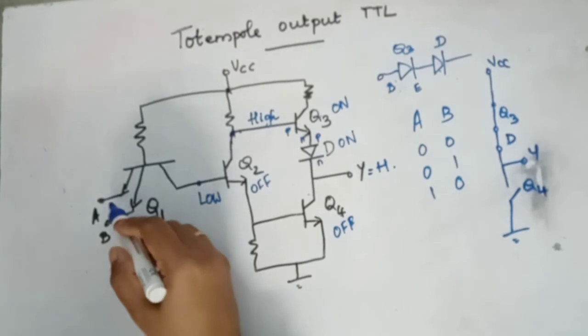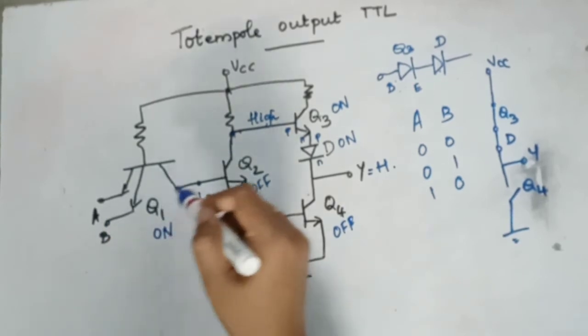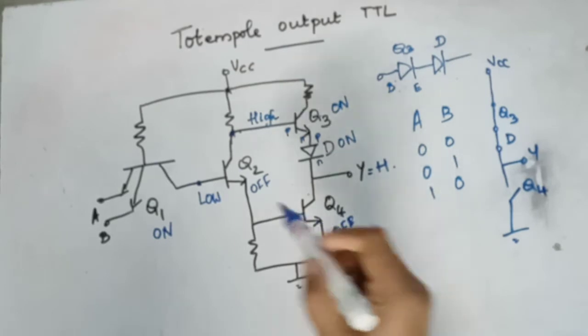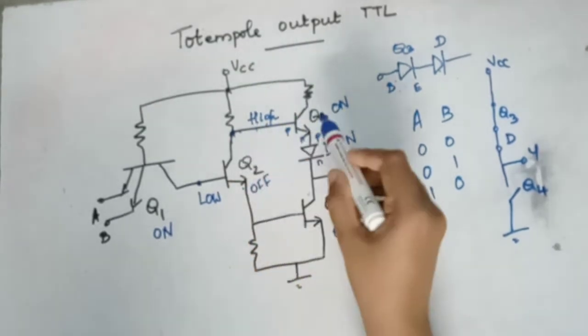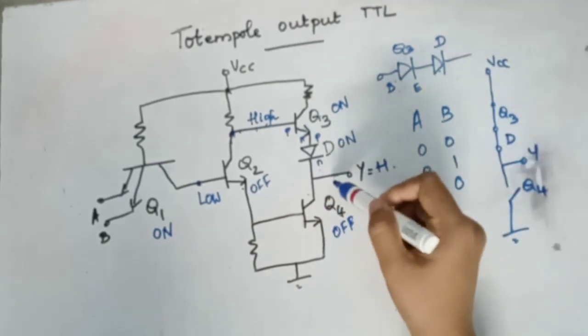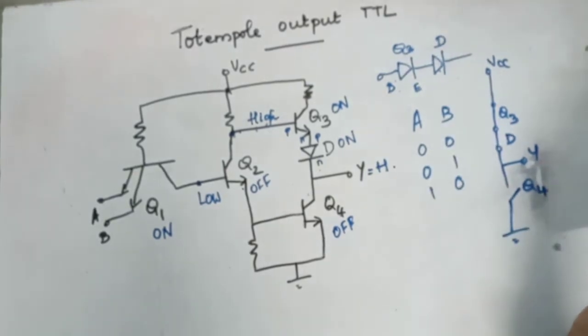So if one of the inputs A, B is 0, Q1 is on, collector has a low voltage, Q2 and Q4 are off. Since Q2 is off, you have a high at the collector which will turn on Q3 and D. Q4 is off, so Y will be a high.